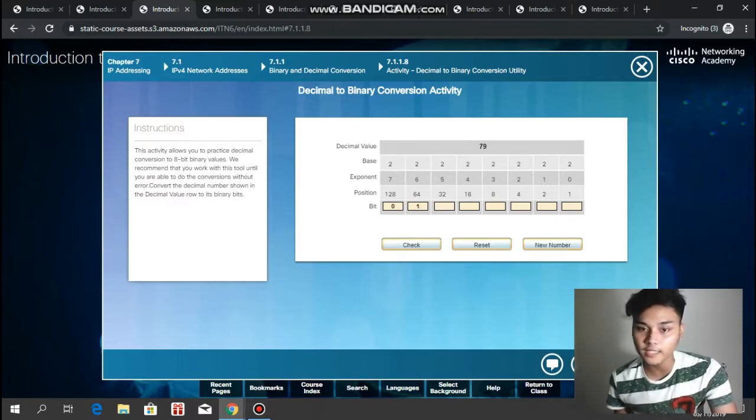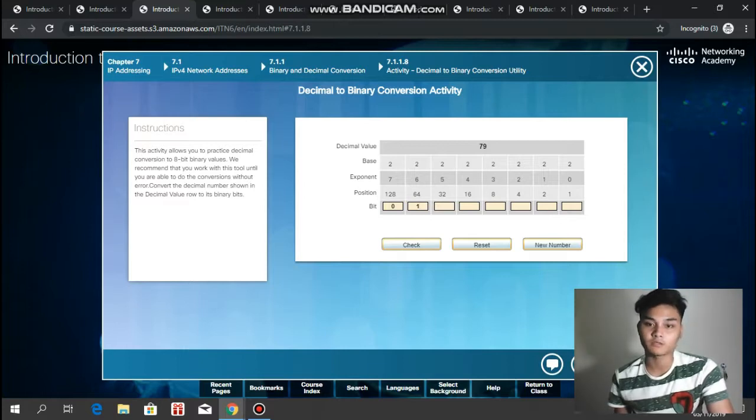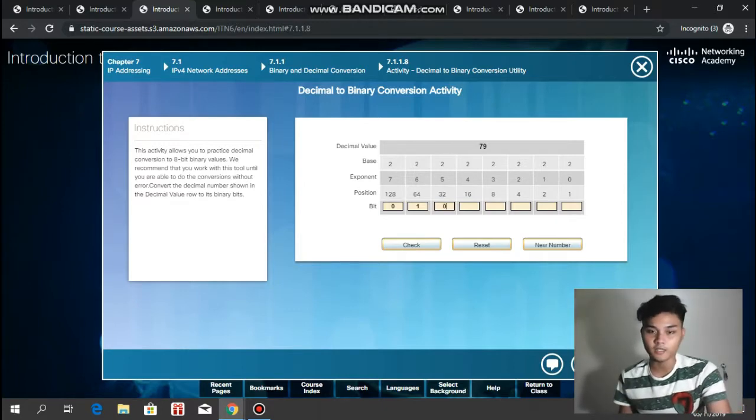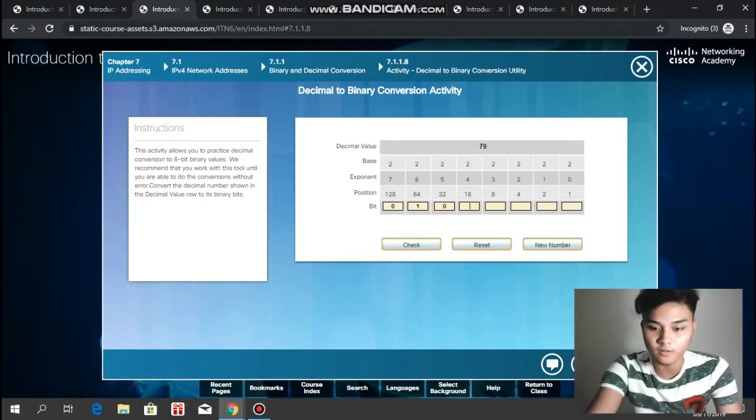So with 15, our answer, we will subtract the position. 15 minus 32 can't be done because the position is greater than the answer. So it is 0. So 16 is 0.